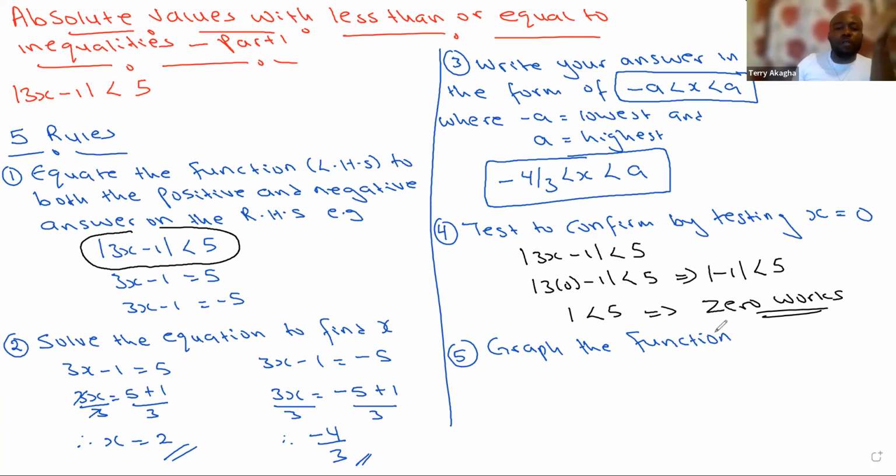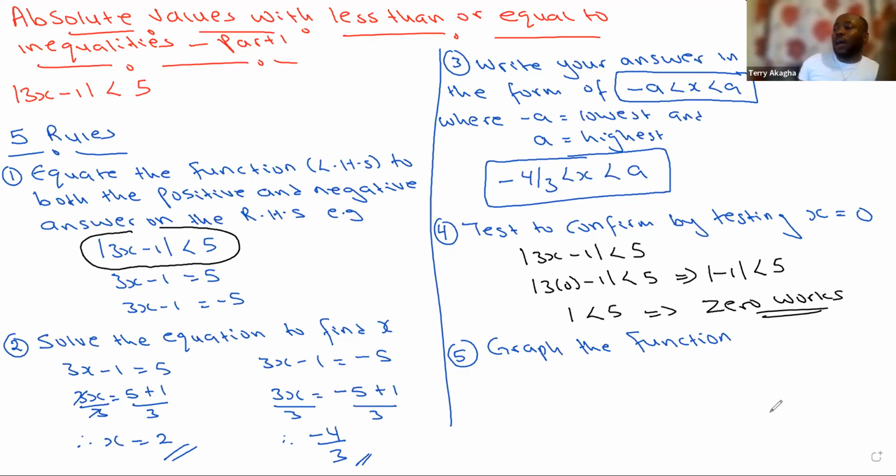If you've not reviewed the video on how to graph, it's a very good point to do that, all right? In graphing, it's very easy to know where the value is just by equating the modulus to be equal to 0. Is that okay? So just equate the modulus to be equal to 0. And when you do that, you can now see where the point is.